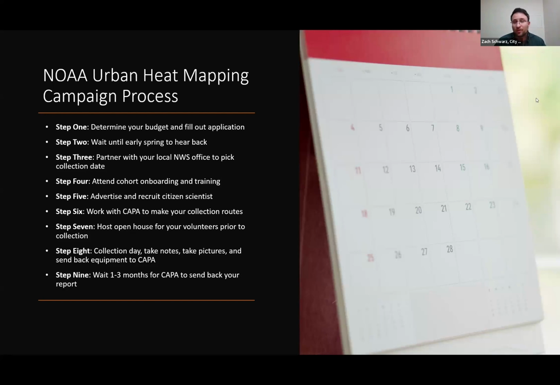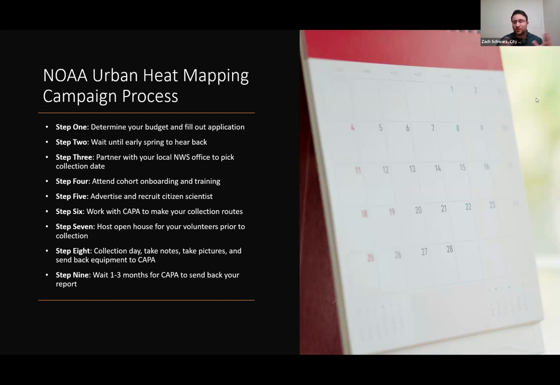design your collection routes. In this step, you're basically making the routes that your volunteers are going to drive with their sensors. You're going to have them drive that same route once in the morning, once in the afternoon, and once in the evening.